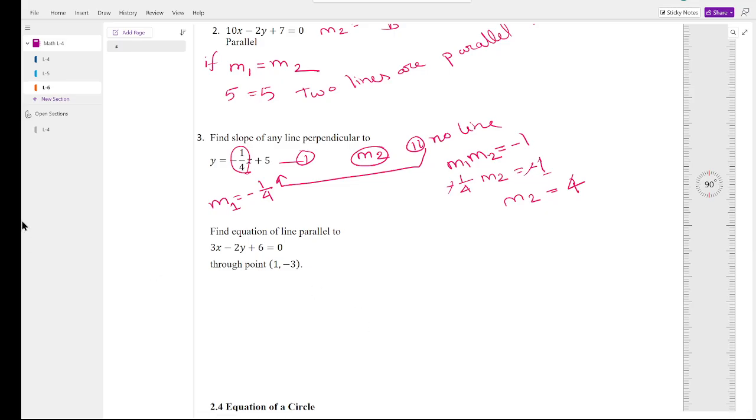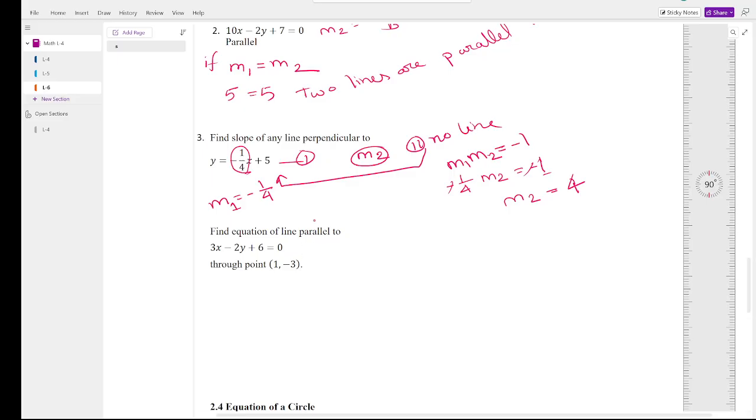In this question, we need to find one equation which is parallel to this equation, and this line goes through the point (1, -3). I already told you that when the question is about parallel or perpendicular, we must find the slope.